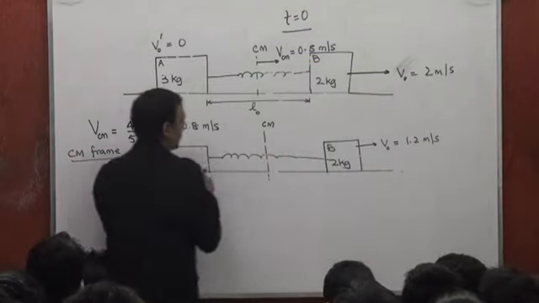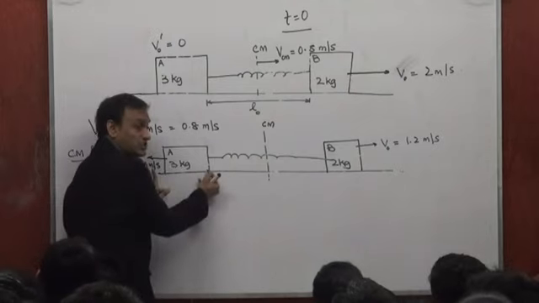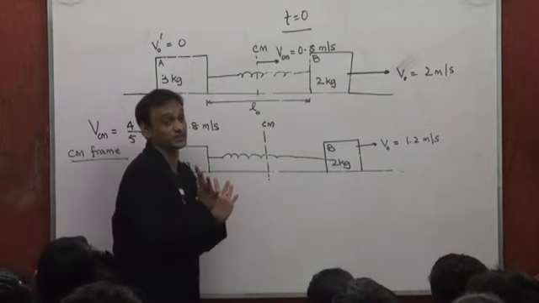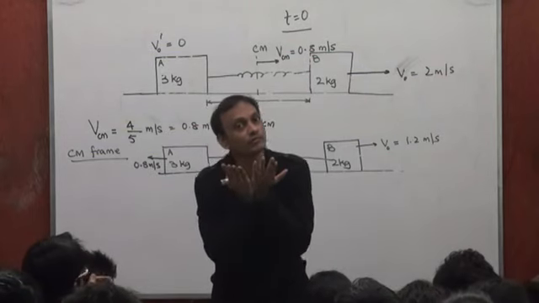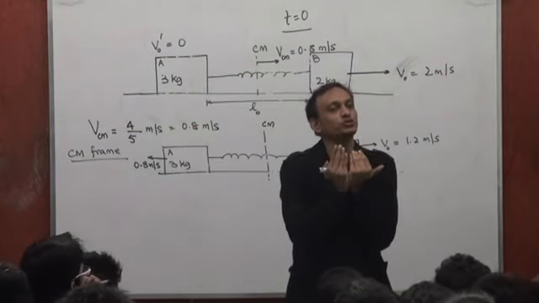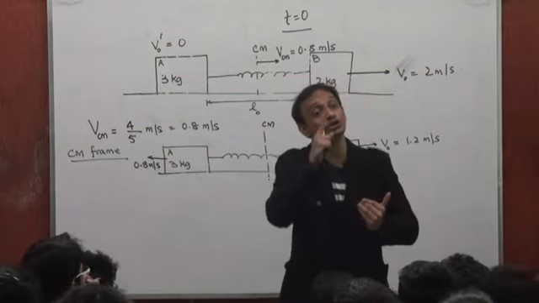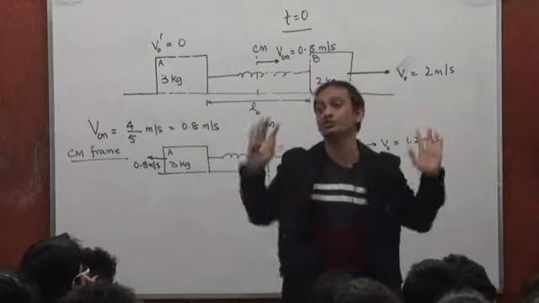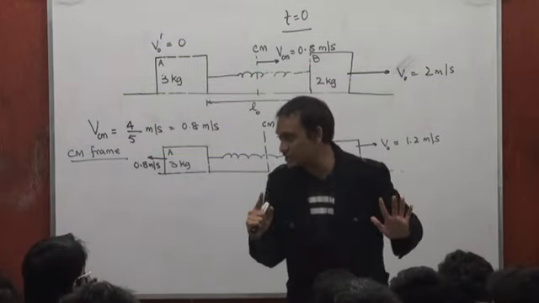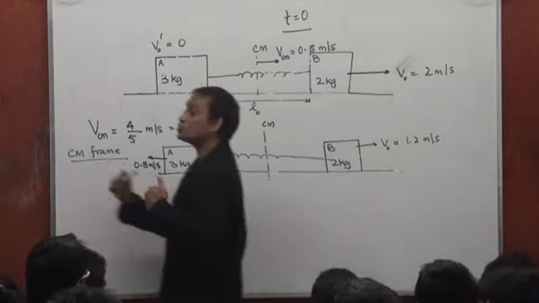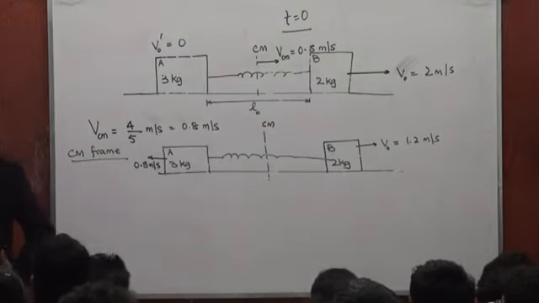A is in its equilibrium position here. No force acts on it and it has a velocity of 0.8 meters per second to the left. Right? And therefore, you would expect A and B to execute simple harmonic motion as reported only by the center of mass observer. Right?